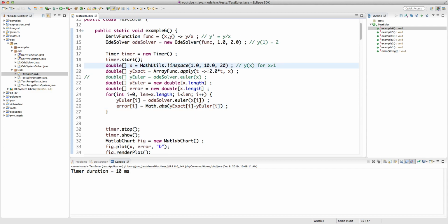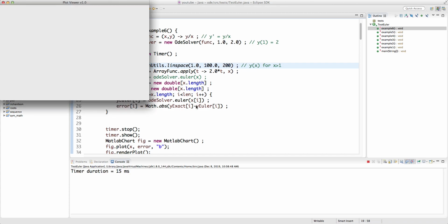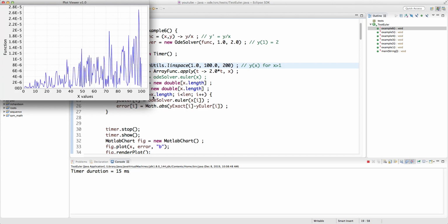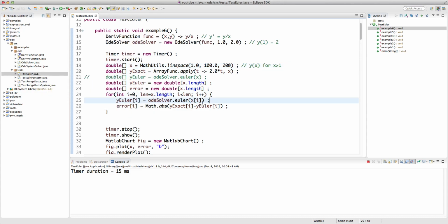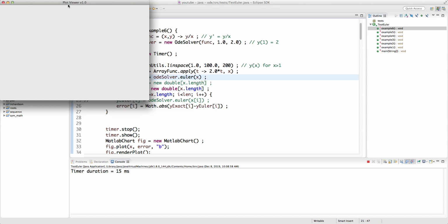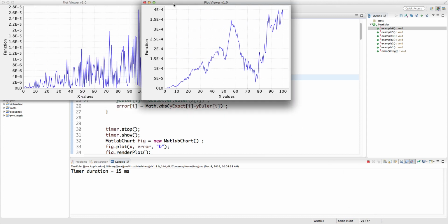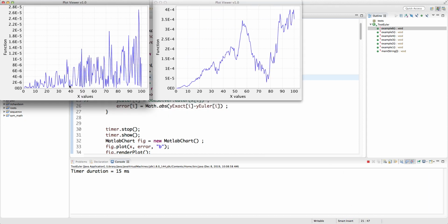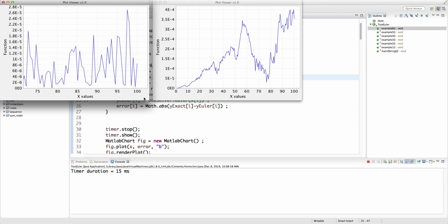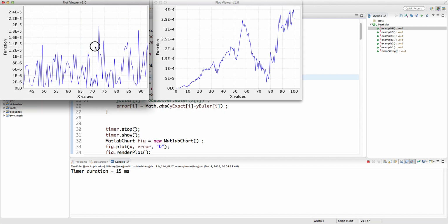But if you get farther away, let's say 100, let's increase the number of points. With the Euler method, this is the error. If I don't do this and use the array solution, this is the error. Again, as we can see in this case, the error is comparable.